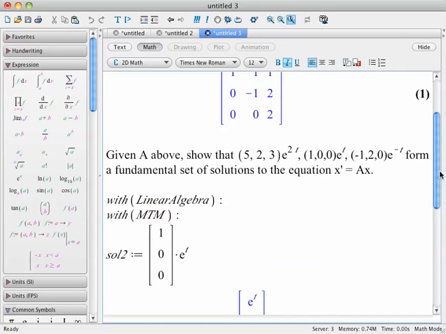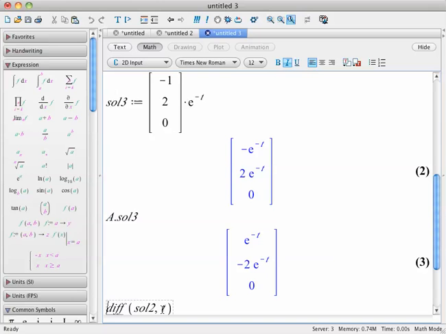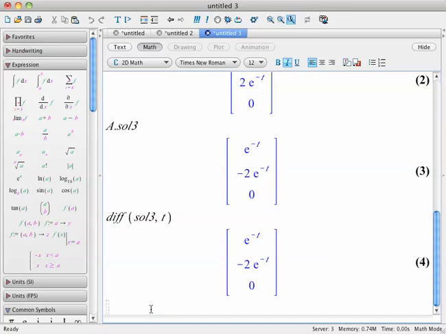We've got solutions. That's good. Let's do that one more time. So there's Sol3. Let's take A times Sol3. Wonderful. And let's differentiate it with respect to t. Yay! We get the same thing every single time.